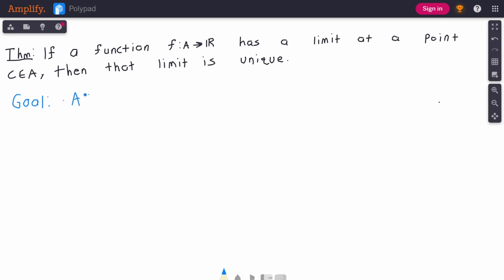We're going to assume, this isn't our proof, this is just our ideas, that the limit as x approaches C of f of x equals L, and the limit as x approaches C of f of x is equal to M. And then, once we do that, we're going to follow the definitions and we're going to show that L equals M.